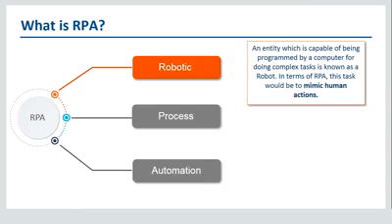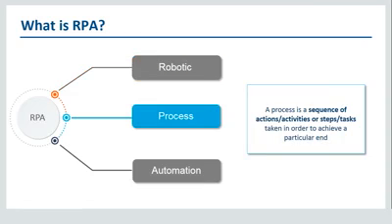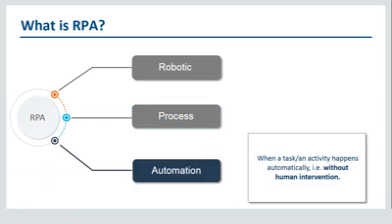So expanding RPA or giving a definition to RPA, let's see what RPA actually means. So RPA, like you guys must have guessed, it's an acronym for robotic process automation. So what is robotic? Robotic basically means when a machine mimics human action, right? Process basically means a sequence of steps which lead to a meaningful activity.